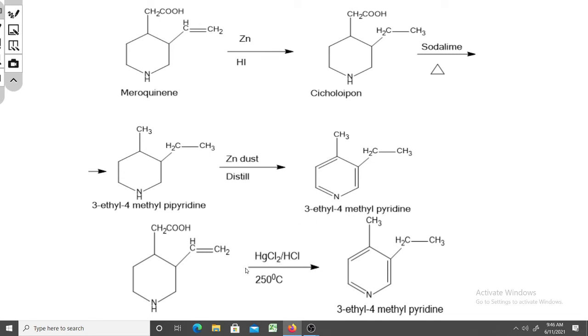It is also confirmed by this reaction. This is cincholoiponic acid. Sorry, this is meroquinine. Meroquinine also reacts with HCl and forms 3-ethyl 4-methyl pyridine.